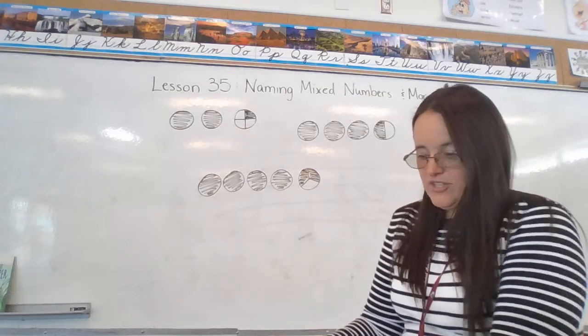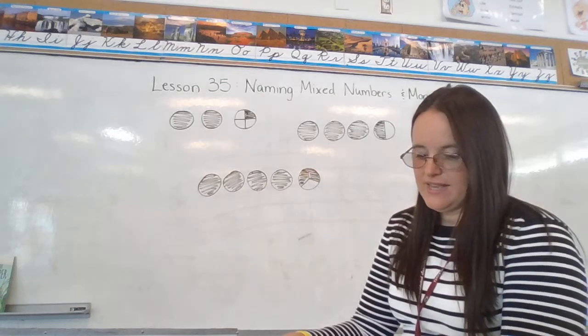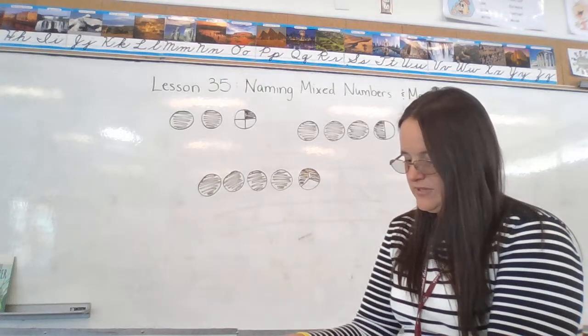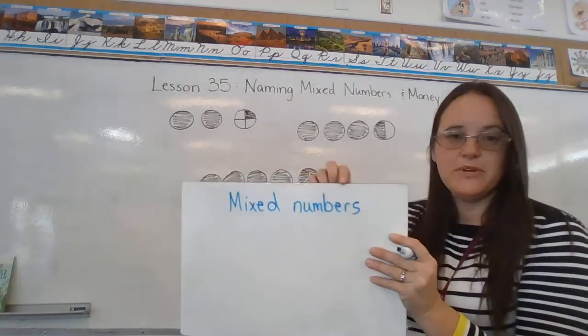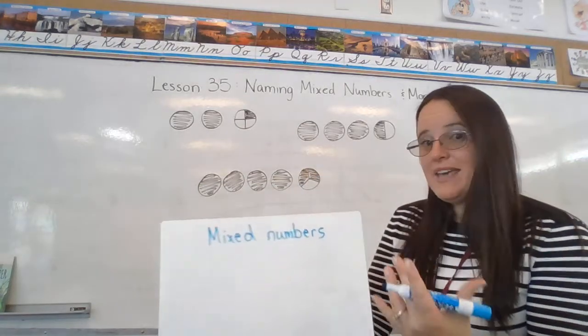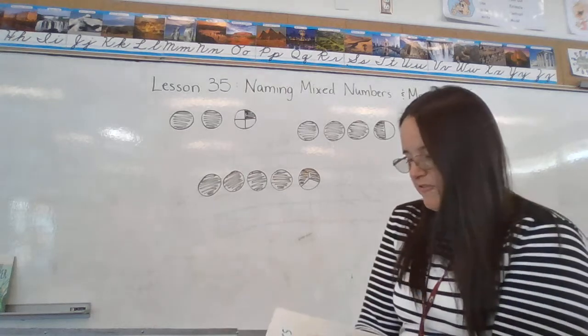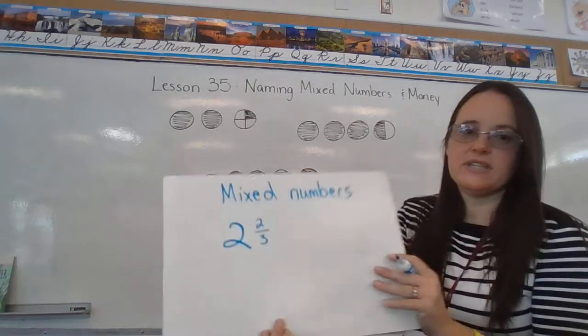So today we're going to start talking about mixed numbers. And this is how we write it or spell it, mixed numbers. What a mixed number is, is when we mix a whole number, say 2, with a fraction, say 2/3.